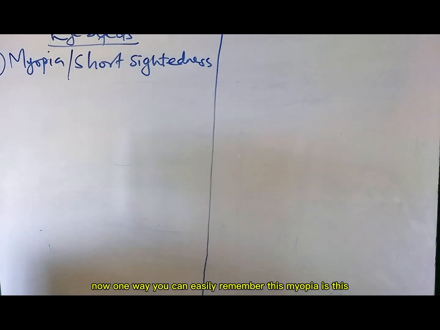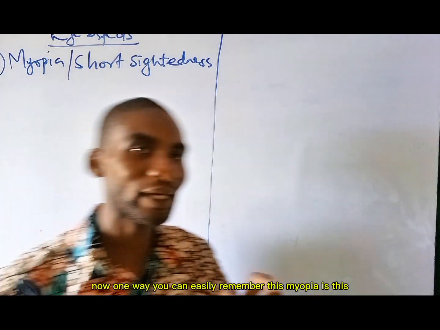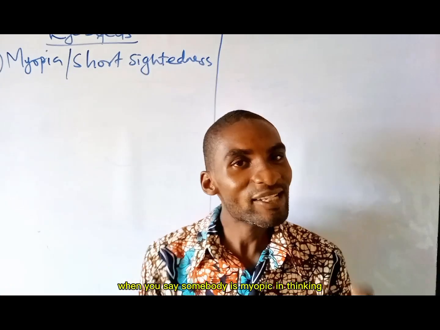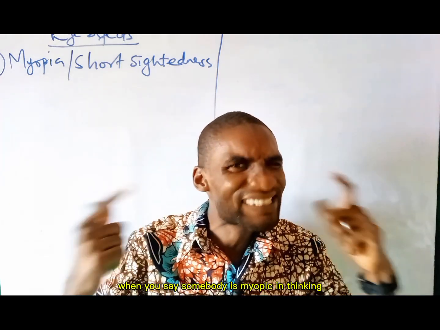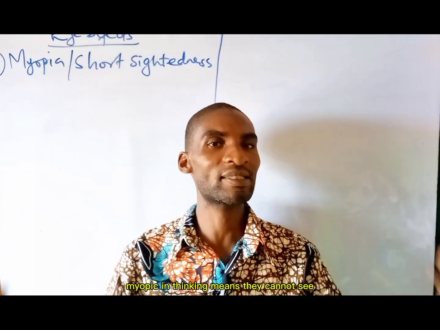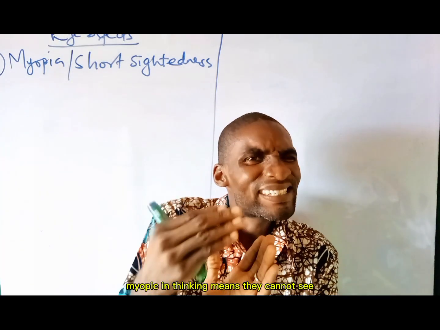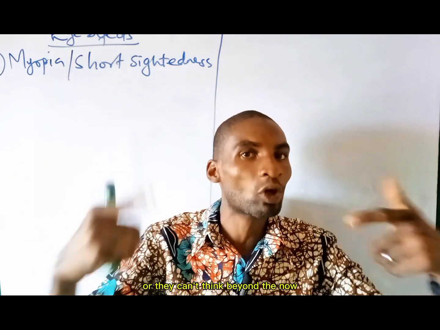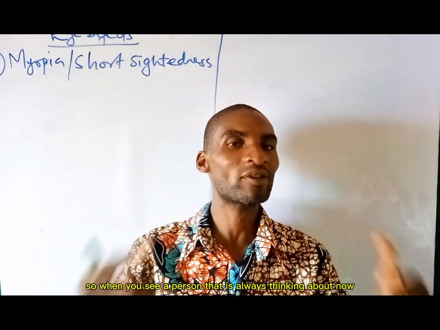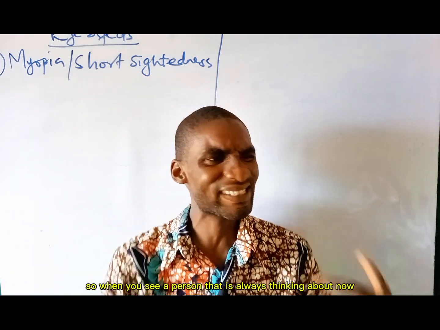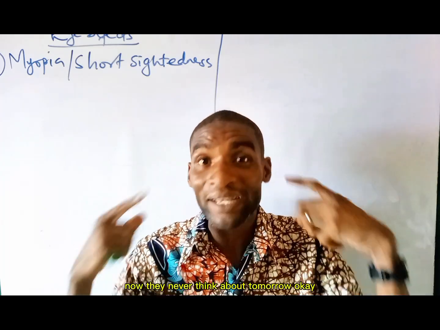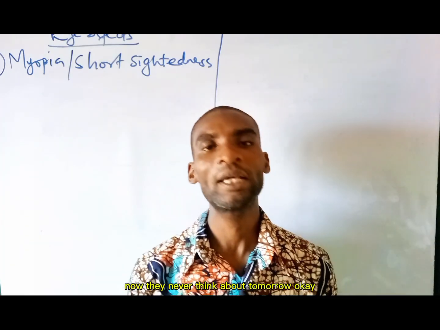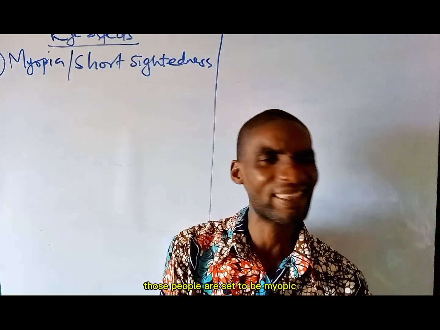Now, one way you can easily remember this myopia is this. When you say somebody is myopic in thinking, myopic in thinking means they cannot see or they can't think beyond the now. So when you see a person that is always thinking about now, they never think about tomorrow, okay? Those people are said to be myopic in thinking.